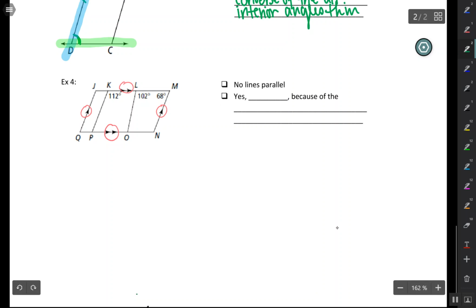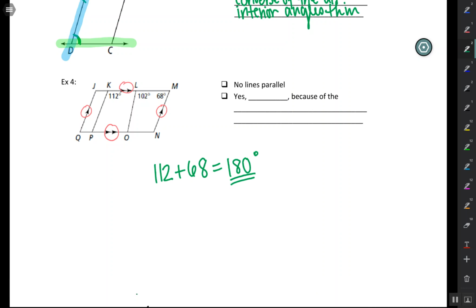The measurements, we got 112 and 102 and 68. None of those are congruent, but are any of them supplementary? Let's see. 112 plus 68 is 180 degrees. 102, no. 102 plus 68 is 170, so we're just going to ignore the 102. So we have these angles here that are supplementary.